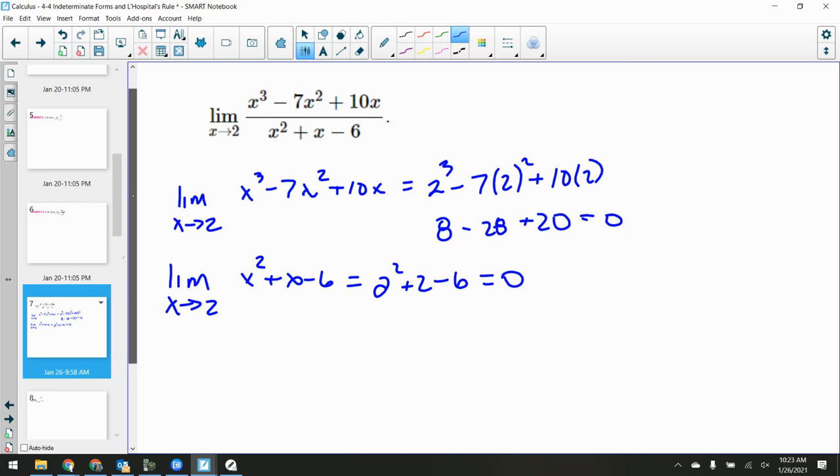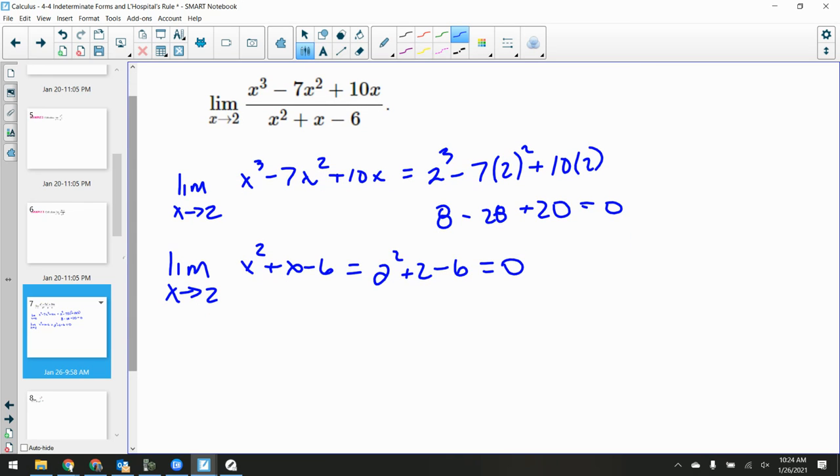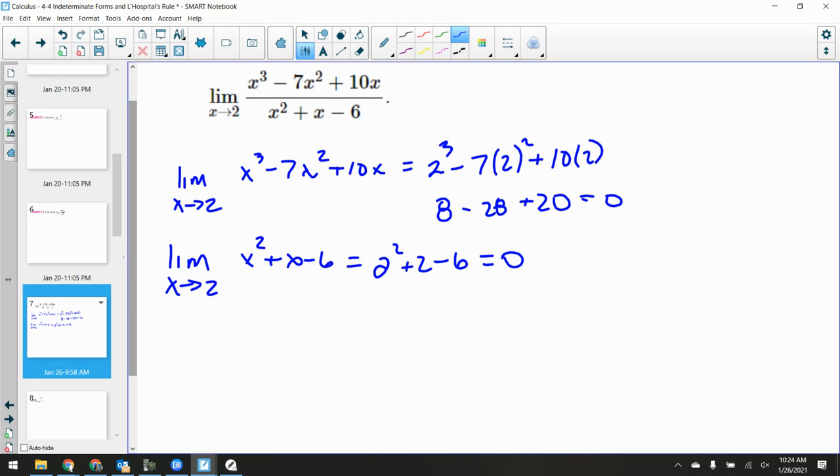We say that the limit as x approaches 2 of this is actually equivalent to the limit as x approaches 2 of the derivatives, which in this case is 3x squared minus 14x plus 10, all divided by 2x plus 1.